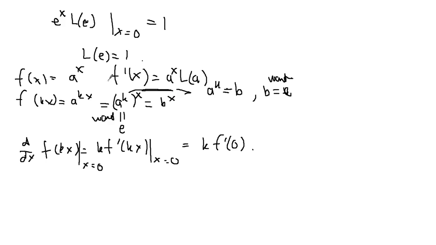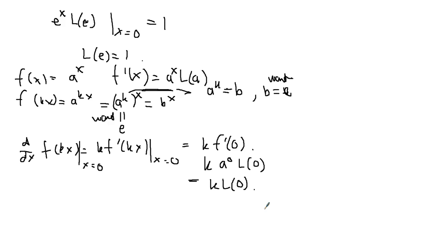And I've already told you that f prime of x is equal to a^x L of a. So that's equal to k a to the 0 L of a, which is just equal to k L of a, right?